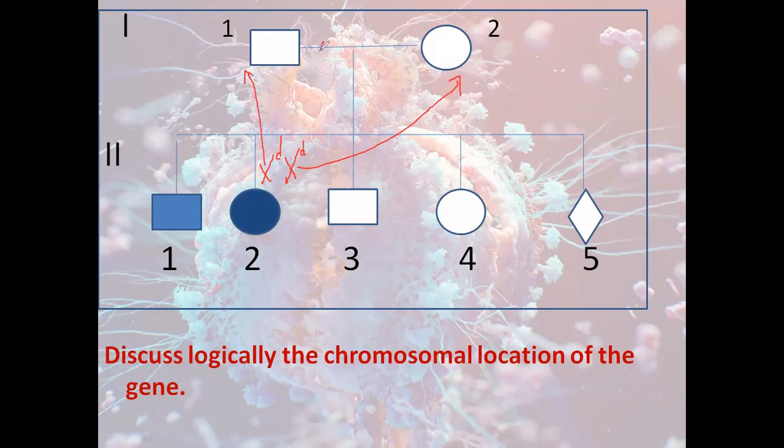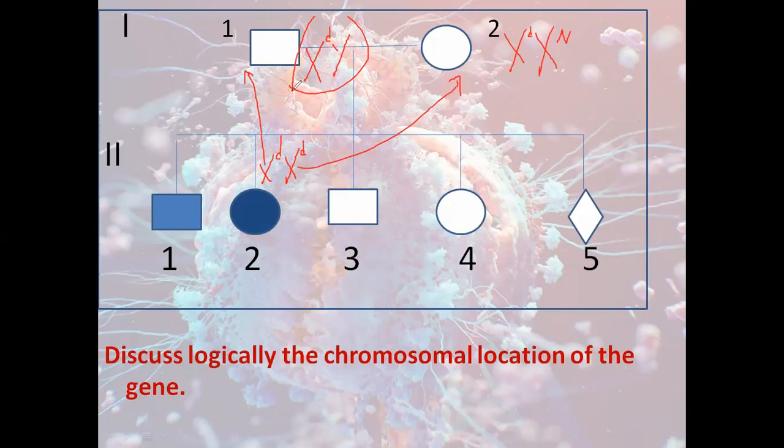So this father will be XD Y. And the mother can be XD XN, let's say, if it's found on the non-homologous part of X. But if it's found on the X, this individual XDY will be affected, so this is not the case, since 1, 1 is normal.